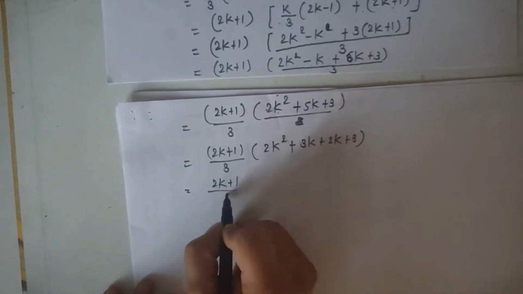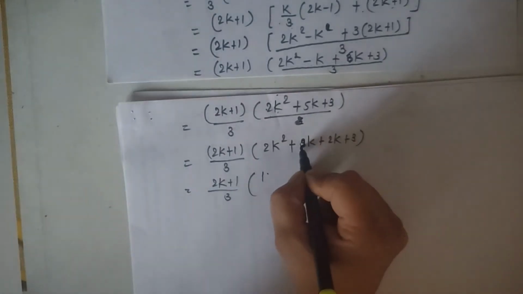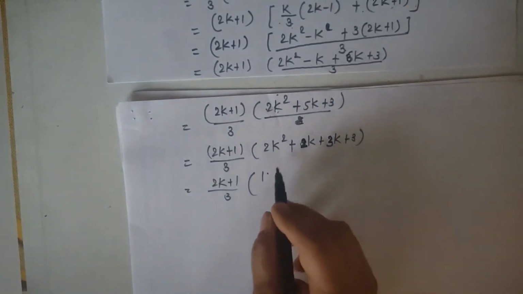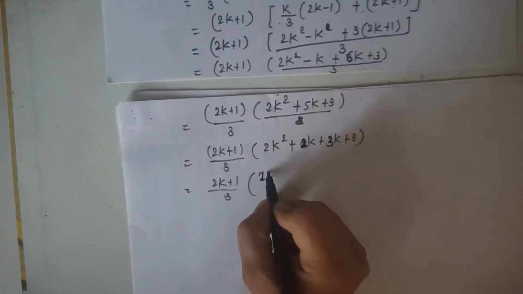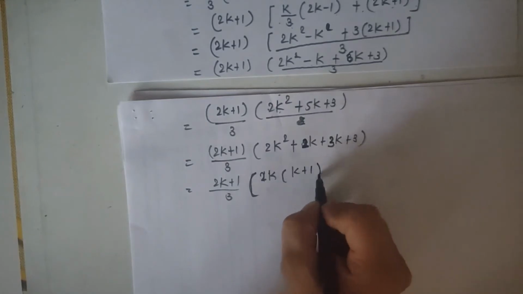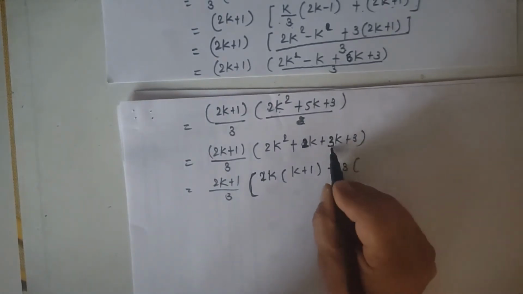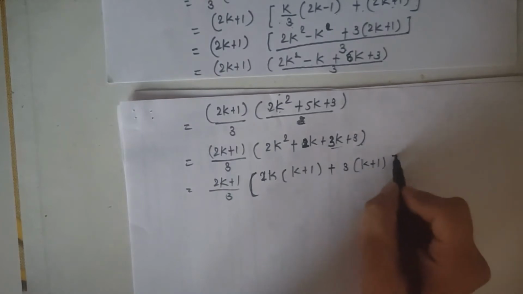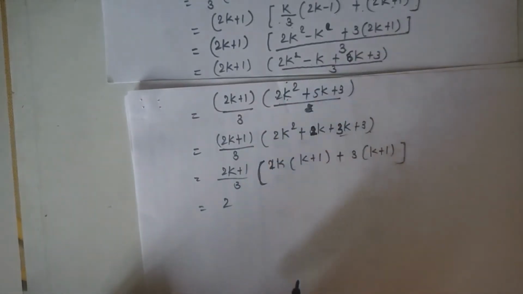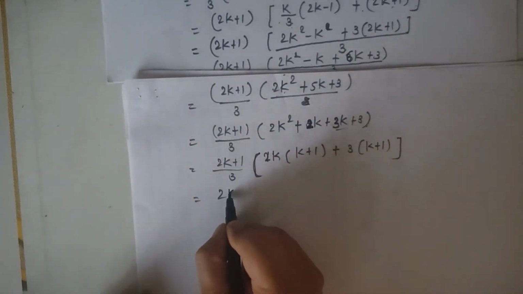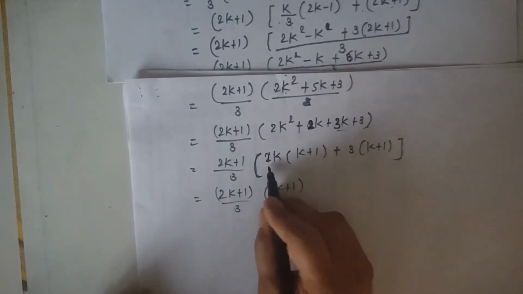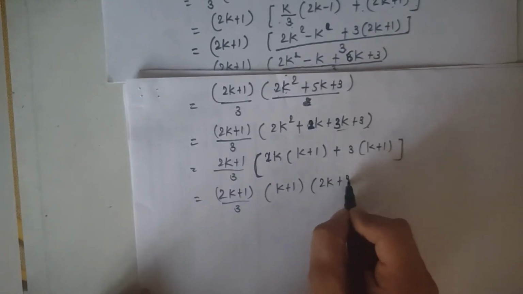First write here 2k and write here 3k, then 2k is common: k plus 1, plus 3 is common from these two terms: k plus 1. So by the factorization method we get the factors of 2k square plus 5k plus 3: k plus 1 is the first factor and the second factor is 2k plus 3.